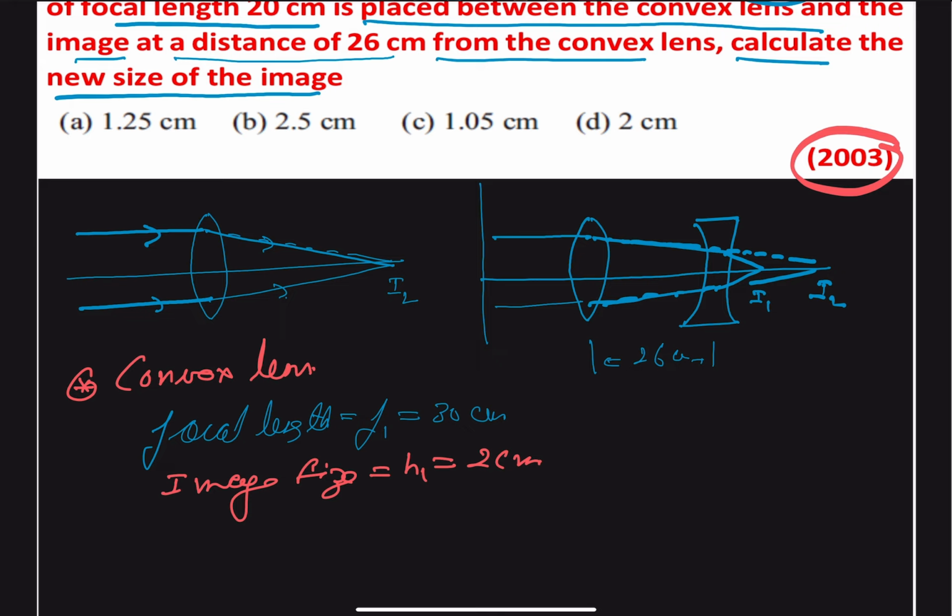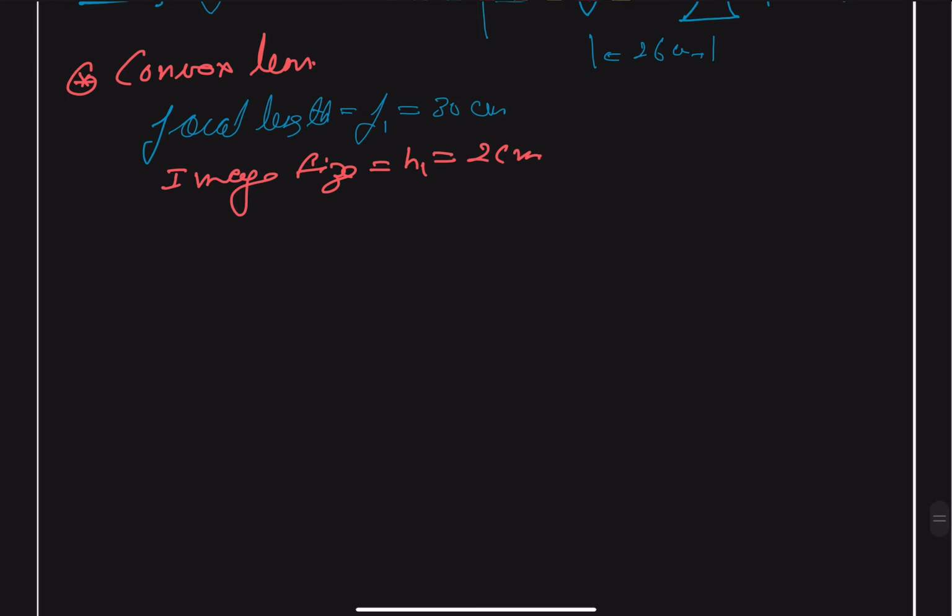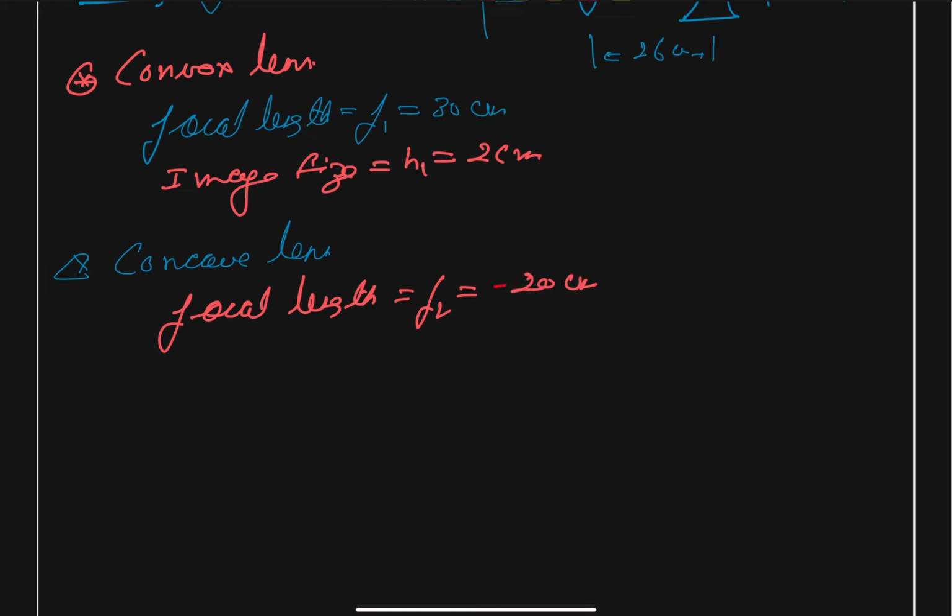And then we have concave lens, and for concave lens the focal length is, let us suppose, f2, it will be about 20 centimeter, and obviously with negative sign.